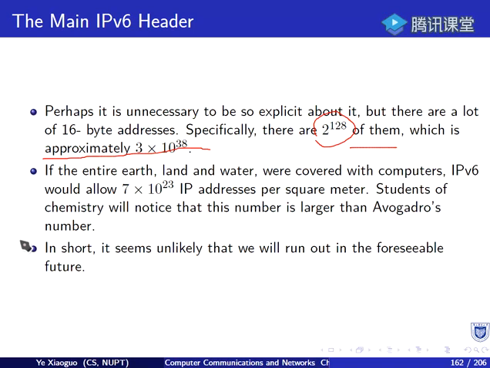So if the entire Earth, land and water, were covered with computers, IPv6 would allow 7 times 10 to the 23rd IP addresses per square meter.